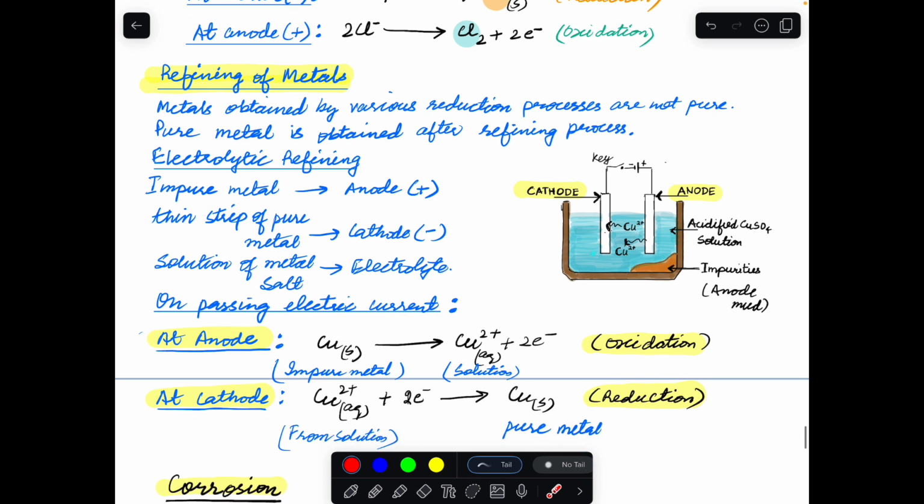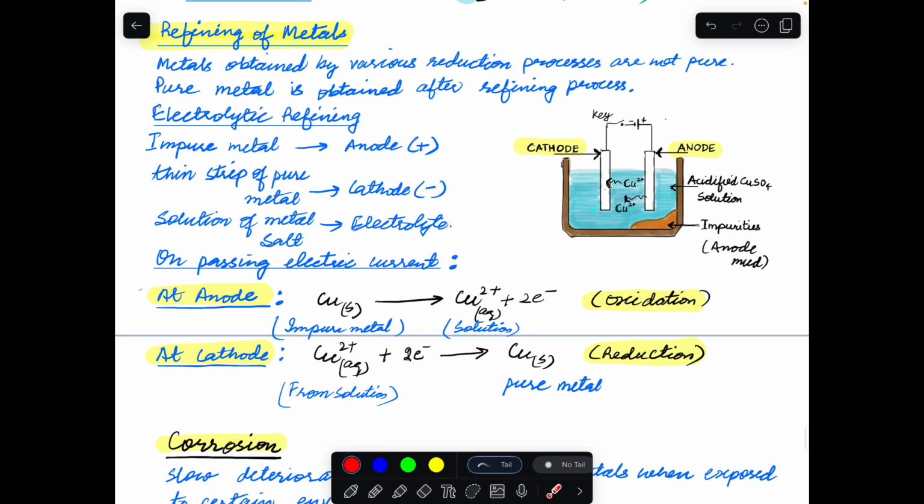You have to be very clear. In your exam they can ask a short question on how pure and impure metal are taken when we do the refining of metals. In this case, impure metal in the form of a thick block is made the anode, and a thin strip of pure metal is taken as the cathode, and a solution of a salt of that metal is used as the electrolyte through which electricity is passed.